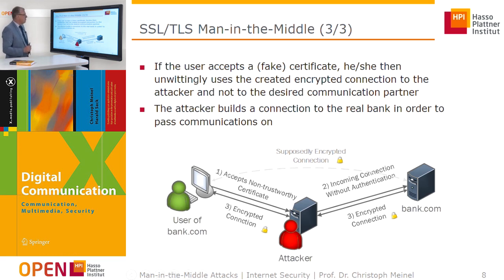Then the attacker builds a connection on his side to the real bank in order to pass communications on and to remain undetected. So the user is thinking to interact and communicate with a real bank.